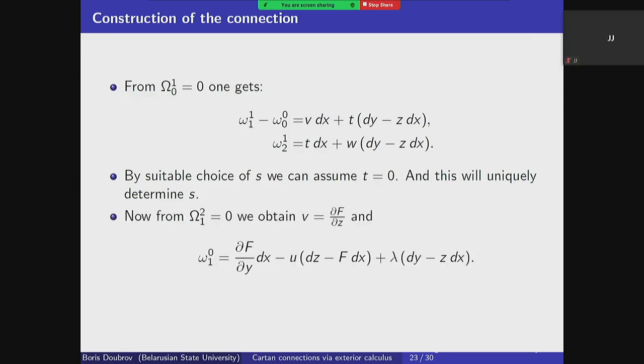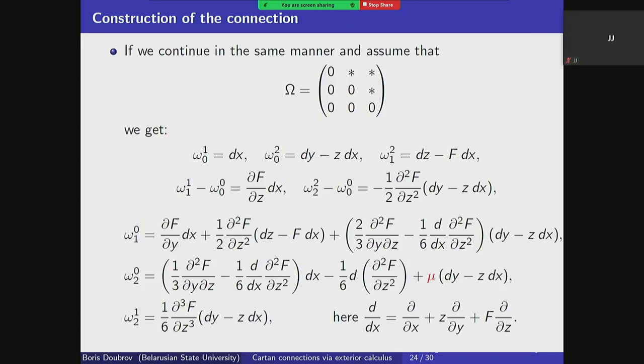So that's what we get in particular if we assume that we are in the torsion-free case. Still a lot of freedom, still a lot of unknown functions here, and we need to go next to see what's going on.